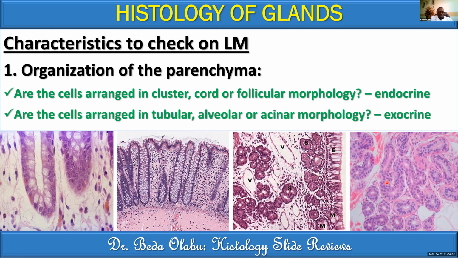The first one, second one, third one, and fourth one. They all depict the same thing. I want you to write in the chat, are they tubular, alveolar, or acinar? They're all the same. These ones in longitudinal profile, the other two in cross-section.